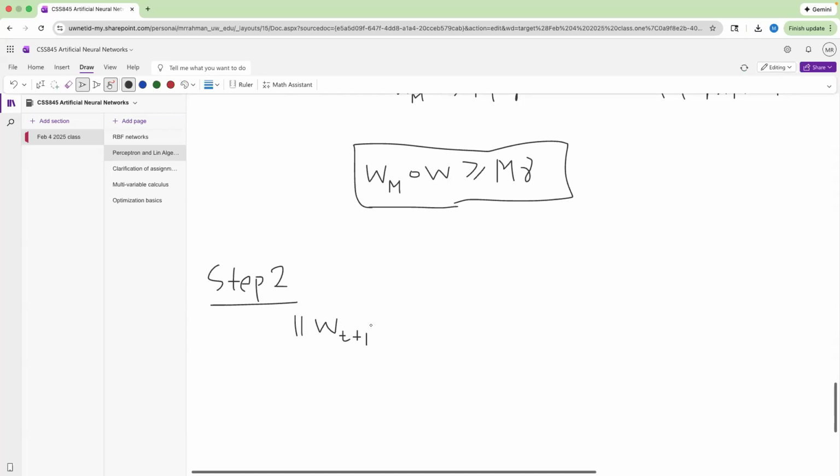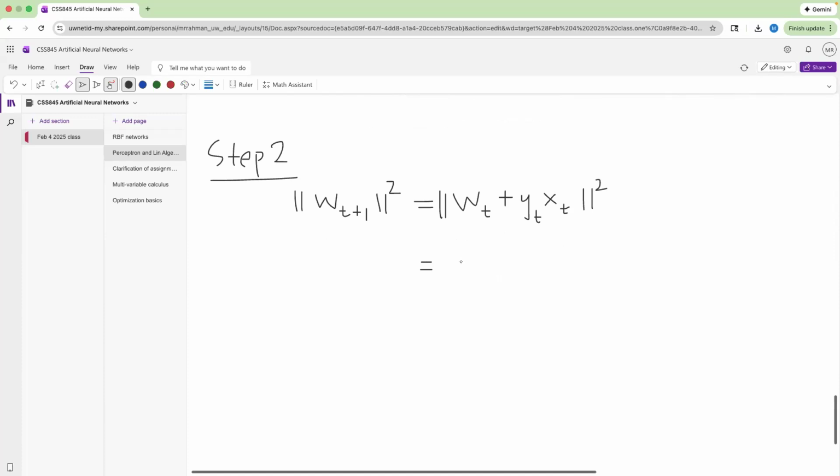So we're going to look at the norm squared, and by the perceptron equation, this is Wt plus Yt times Xt, norm squared, right? Okay. And now we can expand this, right?